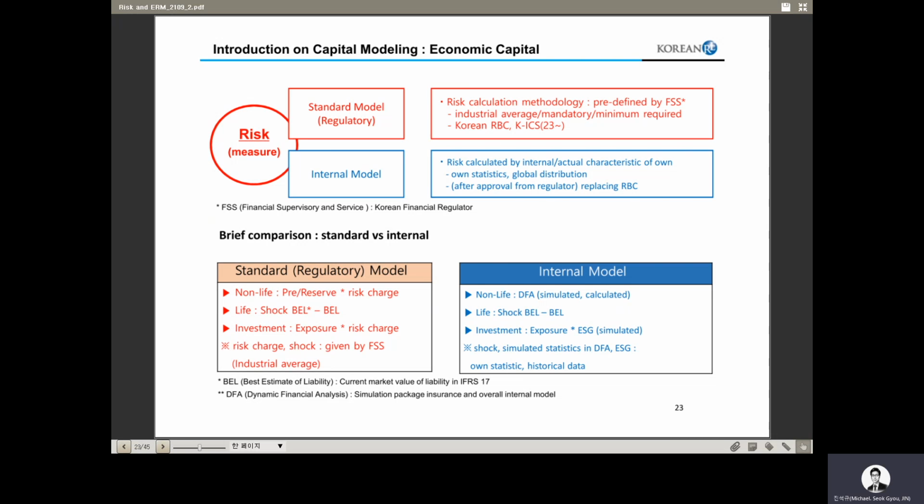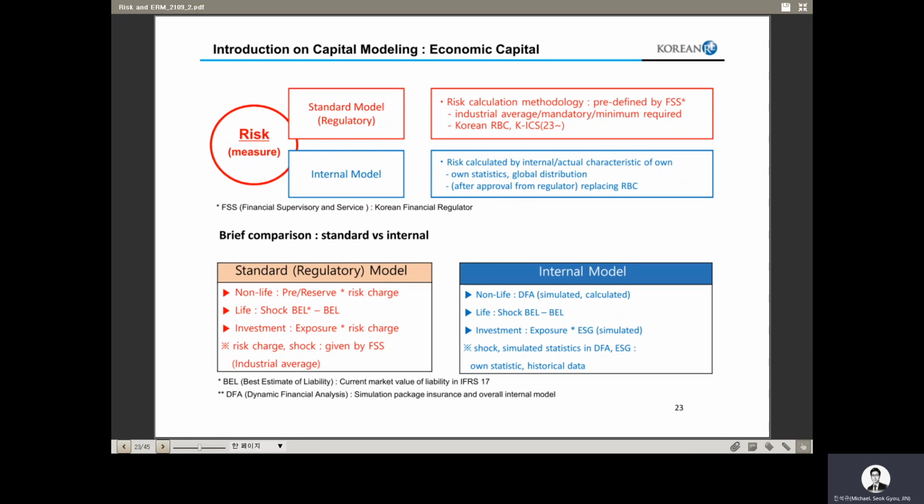Here we can briefly compare the calculation methods of standard and internal. For the standard one, non-life risk is premium and reserve multiplied by a risk charge. It's predefined. And for life, shocked BEL minus BEL. BEL means best estimate of liability, and it means the current market value of liability in IFRS 17.